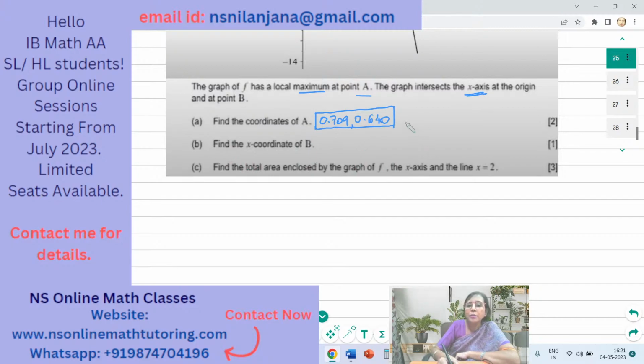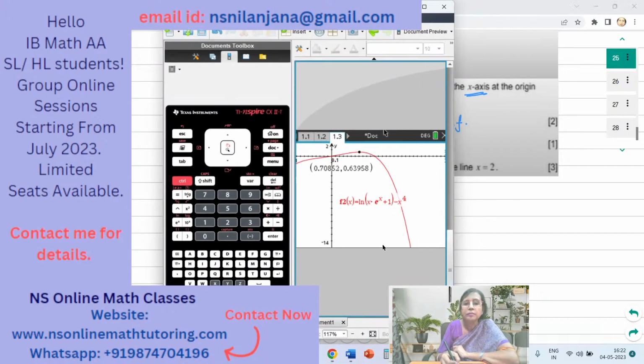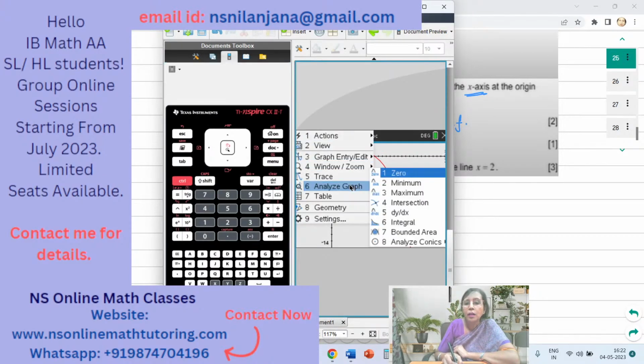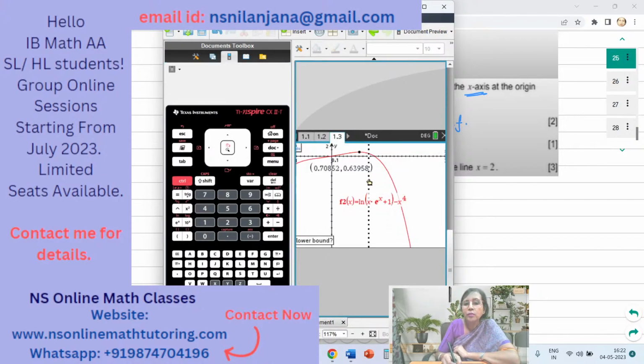Subpart B, find the x coordinate of point B, because the y coordinate will be 0, it is the x-intercept. Analyze graph, zero.